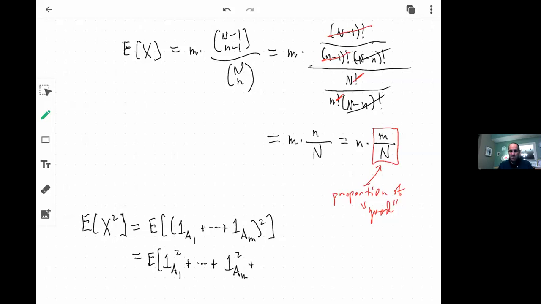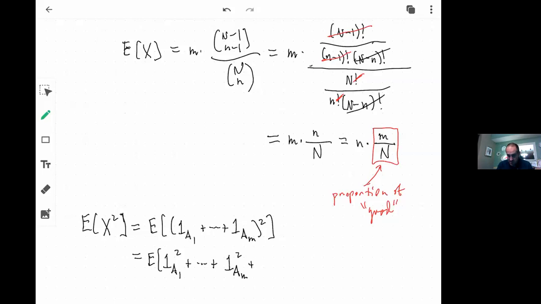Plus, okay, so I would have a bunch of products of things that aren't the same, yes? So I would have the indicator of A1 times the indicator of A2, right? I could take A1 from the first factor and A2 from the second factor, but I could also do the opposite. I could take A2 from the first factor and A1 from the second factor. So there's going to be two of those. Do you see what I'm saying?